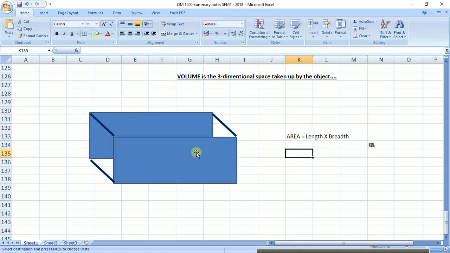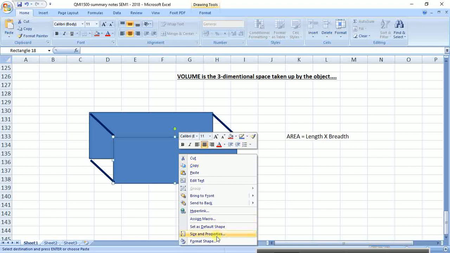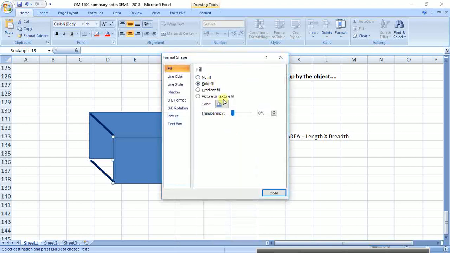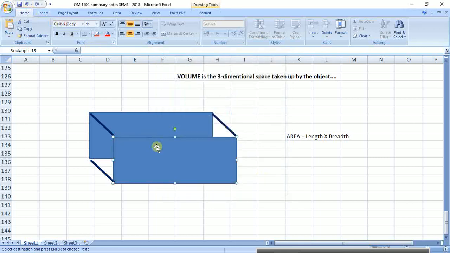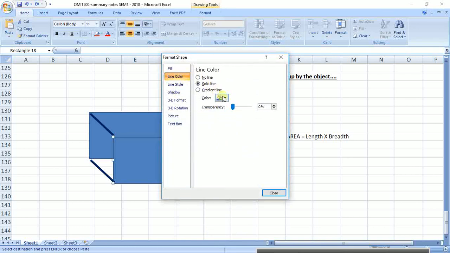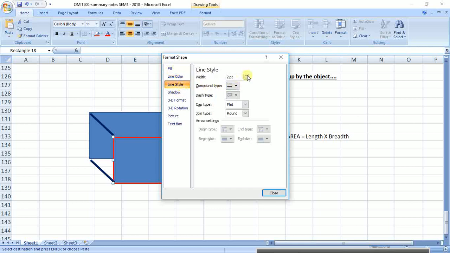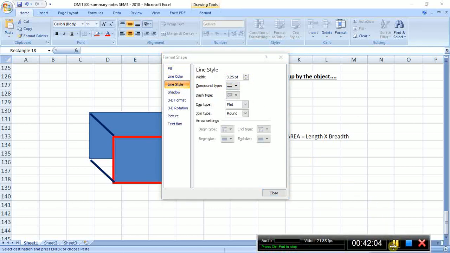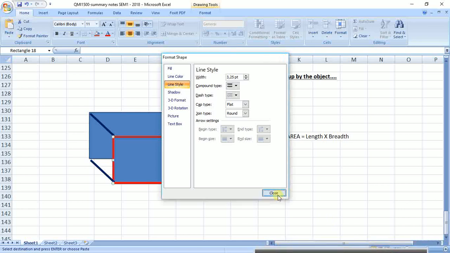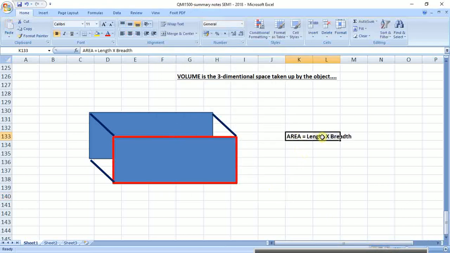Okay, so if I had to times length times breadth gives me this. Oops, wrong one. Okay, so this is area.